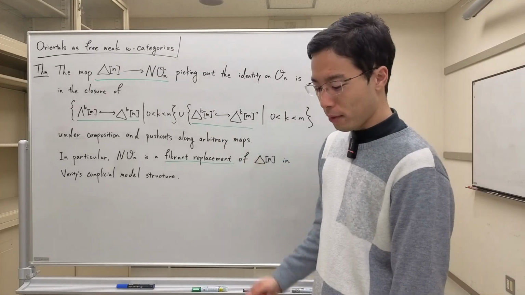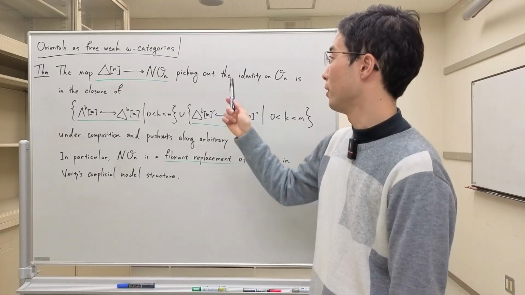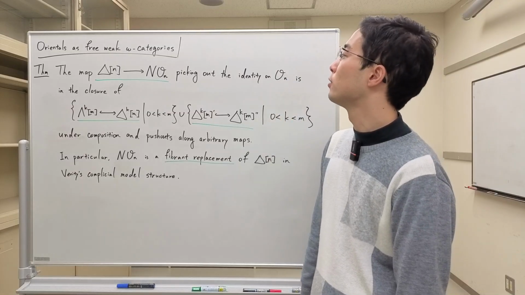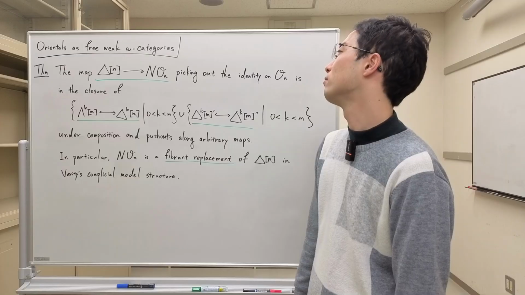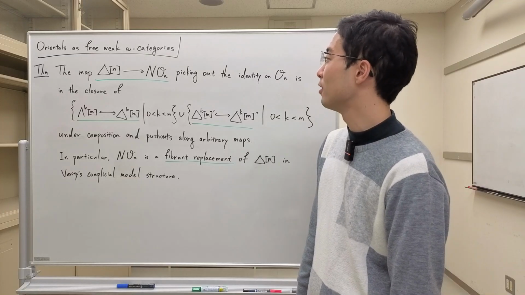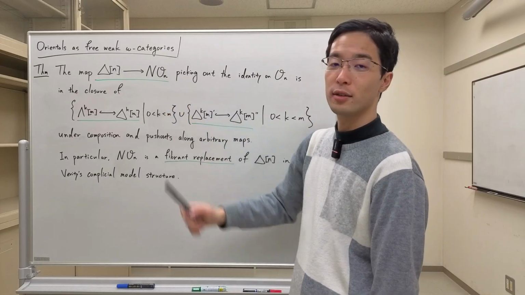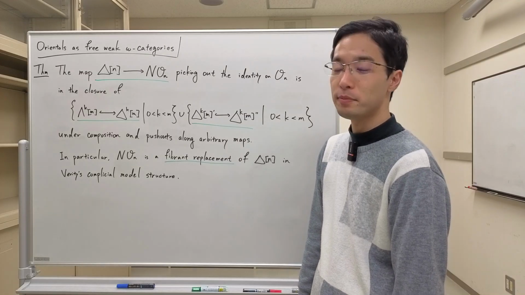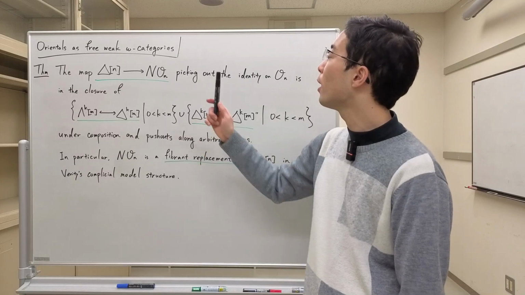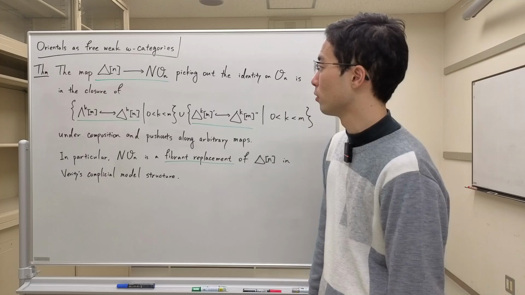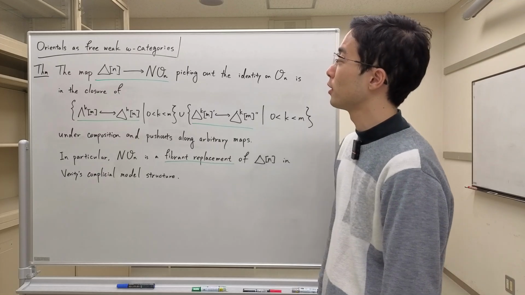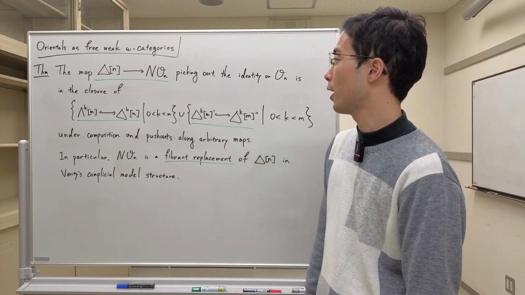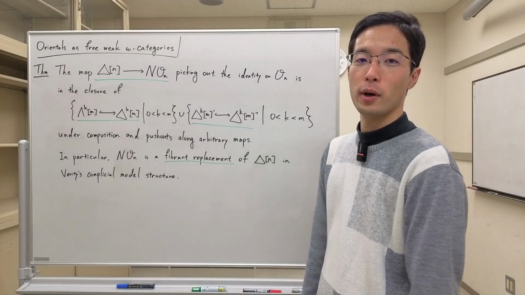But if you read Street's paper, there is an explicit description of what the cells in here look like. In principle, one can use that description to deal with these things, but that is very complicated. So in the proof, I actually used an alternative description of the strict omega functors between the Orientals, which is due to Richard Steiner, and that's what I will talk about in the next video.